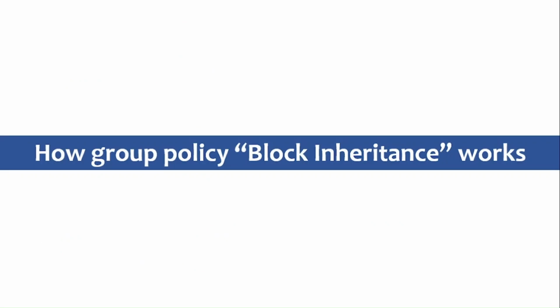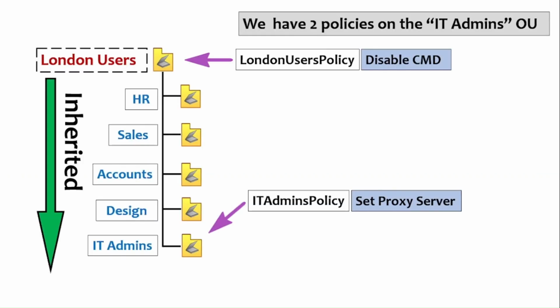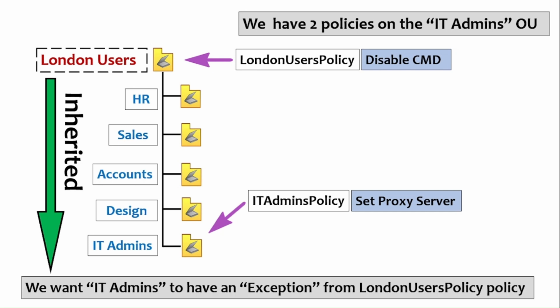Now let us understand how group policy block inheritance works. We'll take the same example. We have 2 policies on the IT admins OU now, namely London users policy and IT admins policy. Now we want IT admins to have an exception from the London users policy.